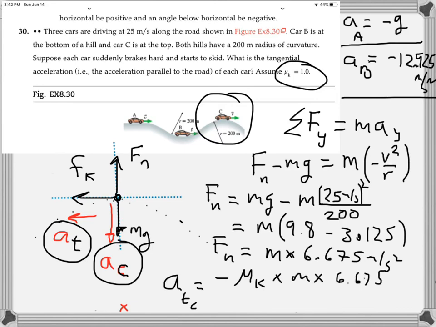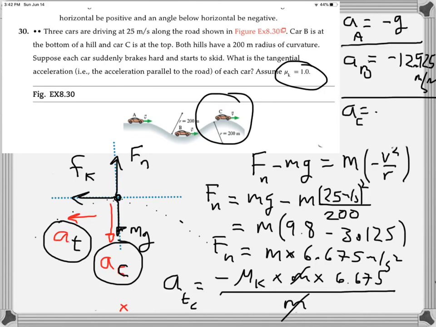Friction is mu k times the normal. We put a minus for friction because it goes to the left. So minus mu k times the normal. The normal is m times 6.675. And we divide by m because net force divided by m is acceleration. The mass cancels. And the acceleration for car C is minus 6.675.